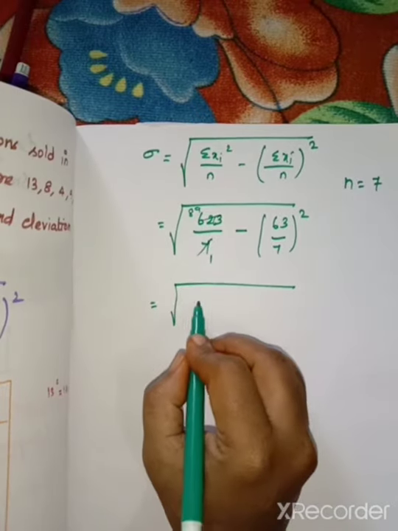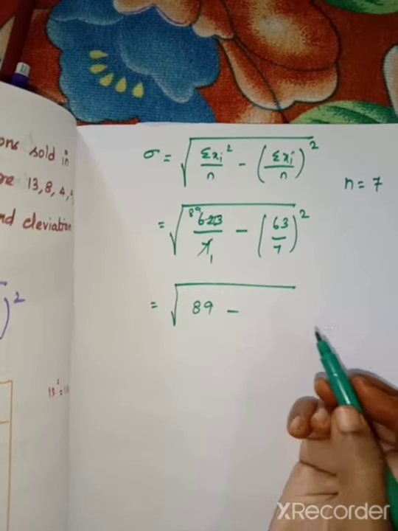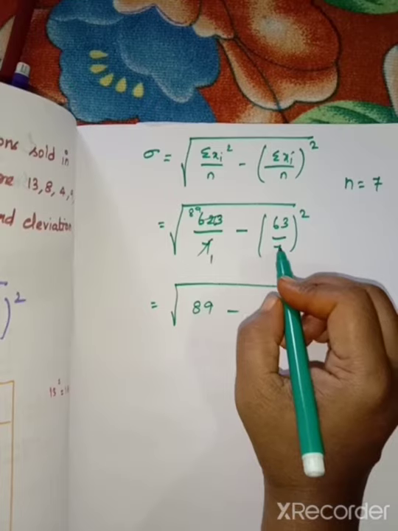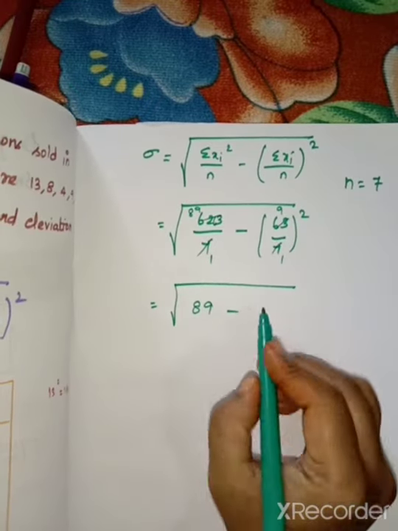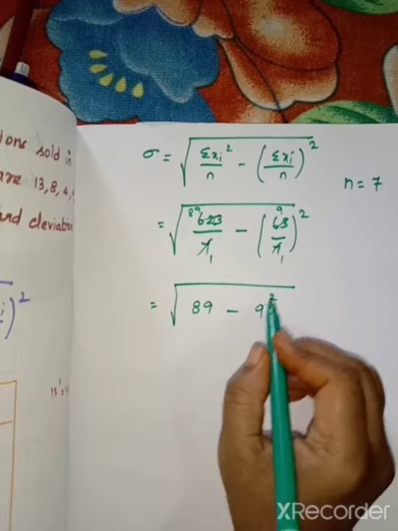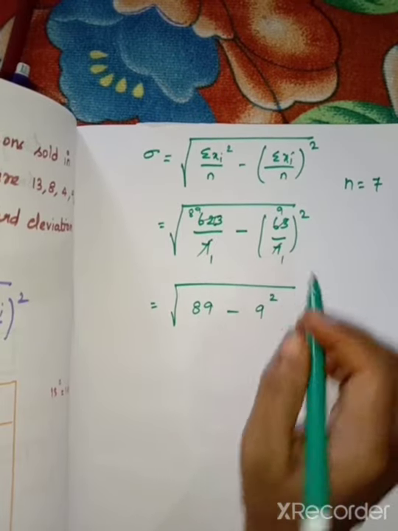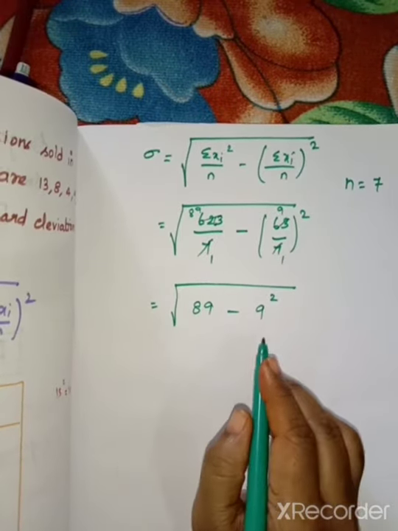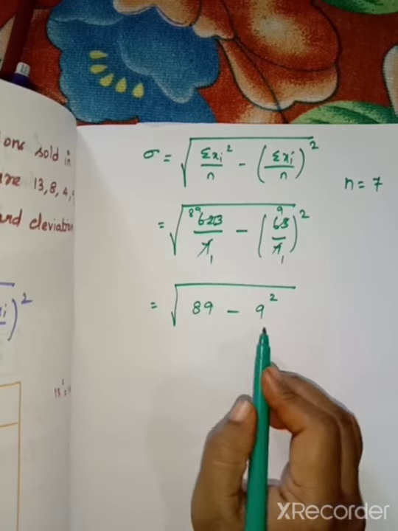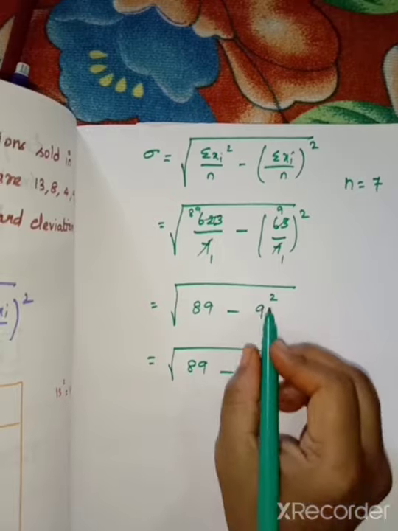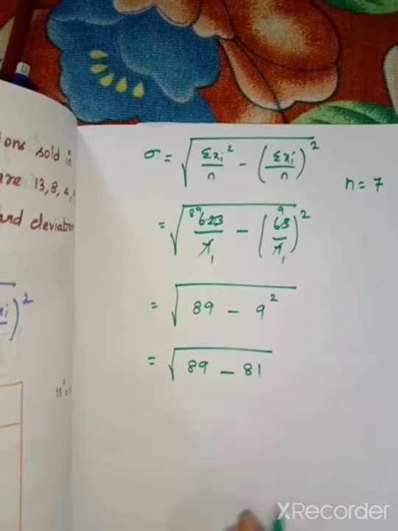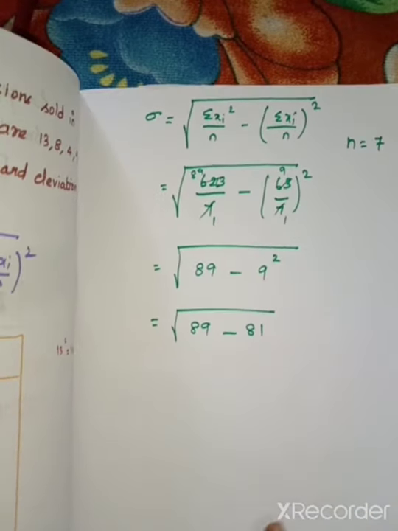Here the value is 89 minus, here if you cancel 1 seven is 7, 9 sevens are 63. So 9 squared, because the square is there, 1 square is 1. So 9 square divided by 1 is the same 9 square. So write straightaway: root of 89 minus 9 square, that means 81, because 9 nines are 81.